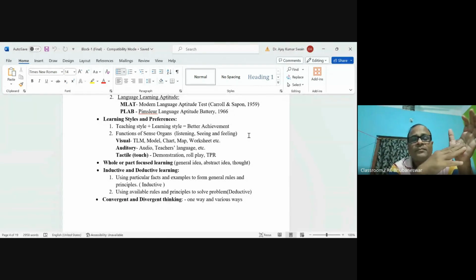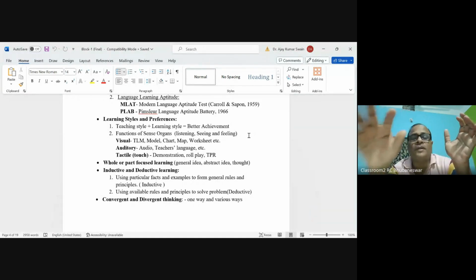So TLM, models, charts, maps, worksheets, diagrams, etc. Auditory, audio, teacher's language, etc. Then tactile, touch, demonstration, role play, total physical response, TPR. So listening, seeing and feeling, that is visual, auditory and tactile, that is through touch. Learning is possible and achievement is possible in a better way.